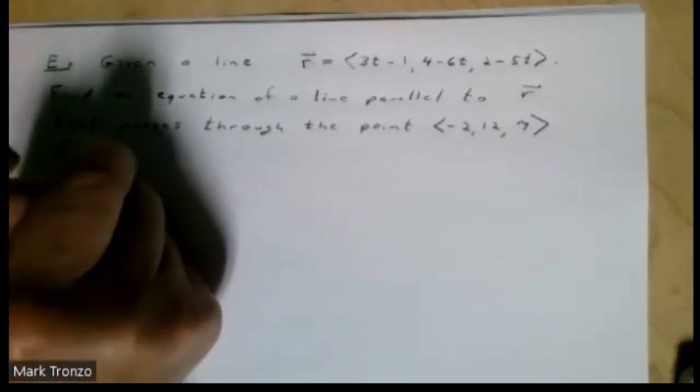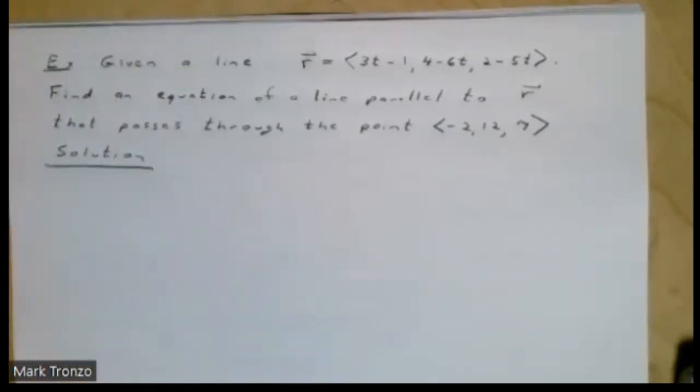Now, for two lines to be parallel, they have to have the same slope, so to speak, or the same direction vector. So let's find out what is the direction vector of the given line.